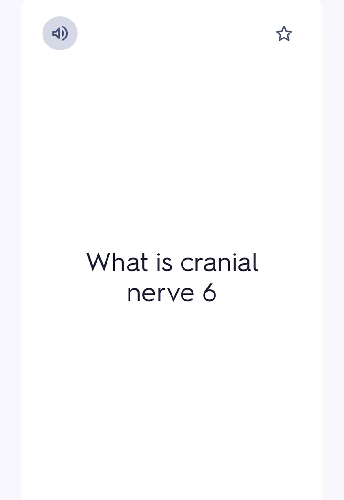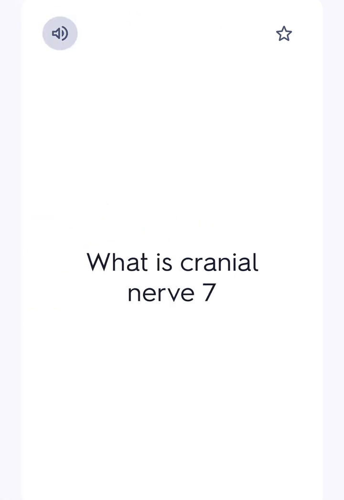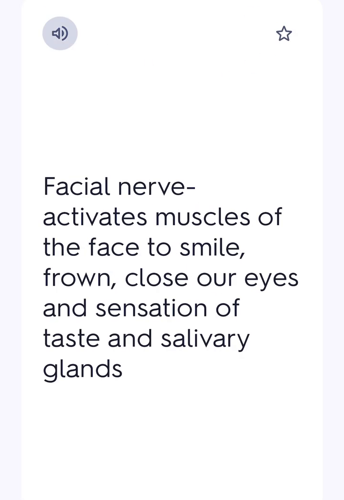What is cranial nerve 6? Abducens, controls the muscle that makes the eye look to the side. What is cranial nerve 7? Facial nerve activates muscles of the face to smile, frown, close our eyes and sensation of taste and salivary glands.